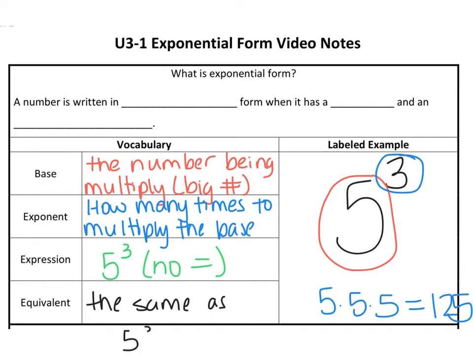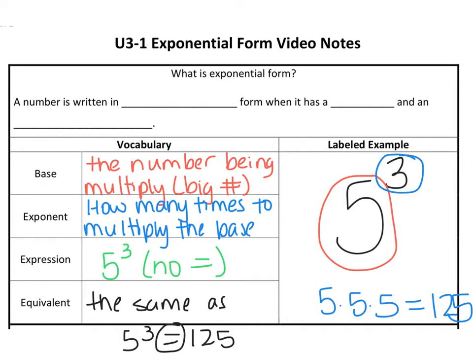So 5 to the 3rd is equivalent to 125. So again, our big number is the base. The exponent tells us how many times to multiply out the base. So if we want to evaluate this expression, it's 5 times 5 times 5, and we get 125.